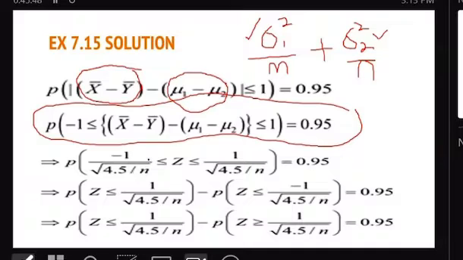By the time you plug that in and find the square root, you're actually going to find yourself here.